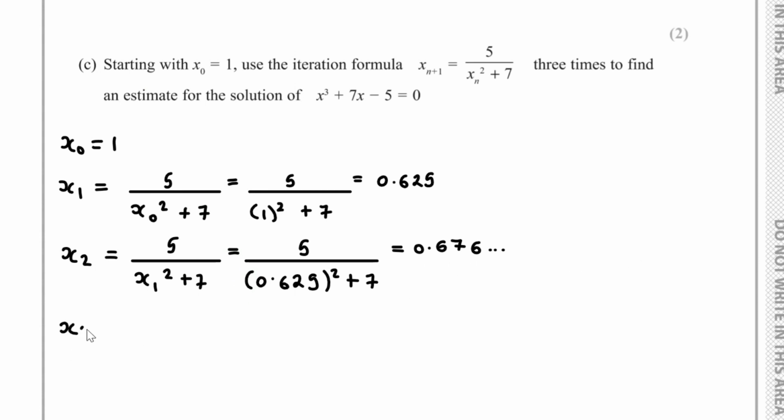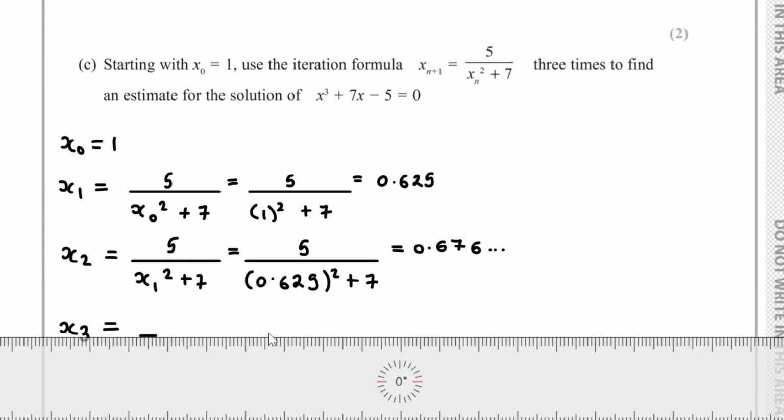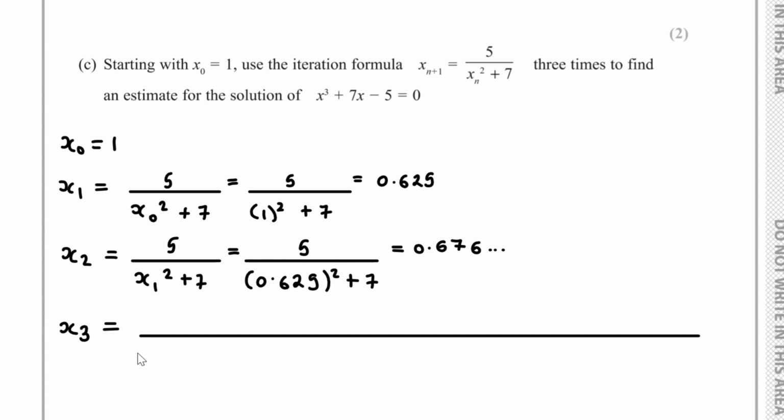And then x3, that's equal to x2 all squared plus 7 on the bottom, and on the top we've got the 5. So here we've got 0.676 etc. squared plus 7, and then on the top we've got the 5.